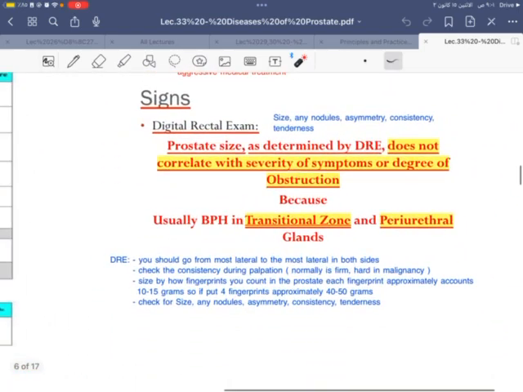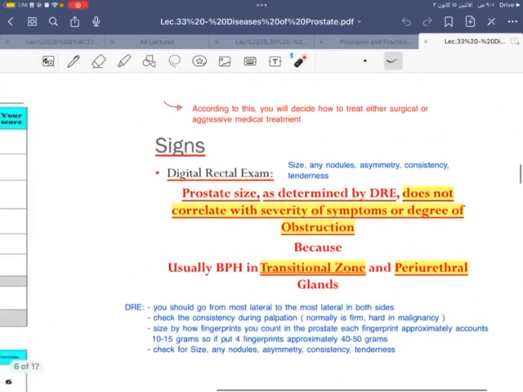Digital examination: you should examine your patient, with abdominal examination, general examination, vital signs, and digital rectal examination to assess the prostate size, any nodule, the hardness of the prostate, and presence or absence of the median sulcus. How do you assess the prostate size by digital examination?